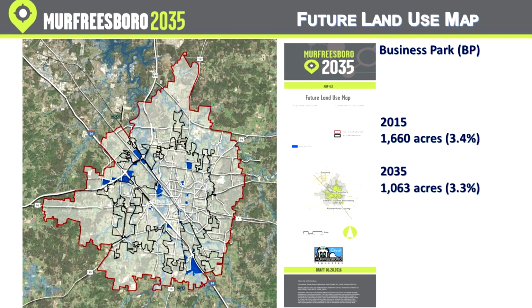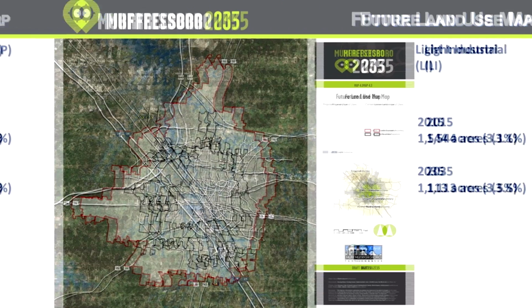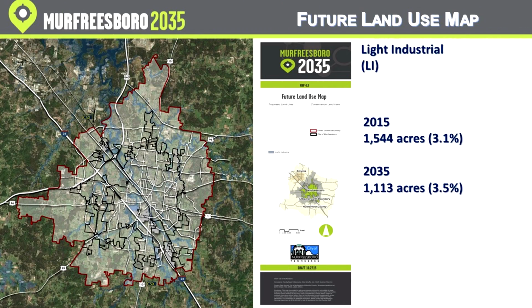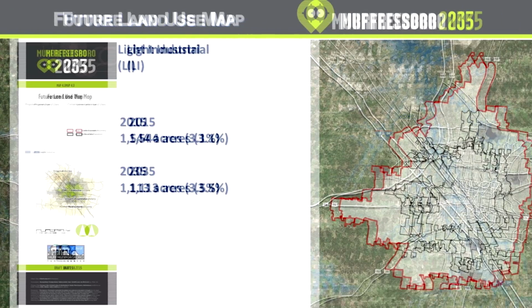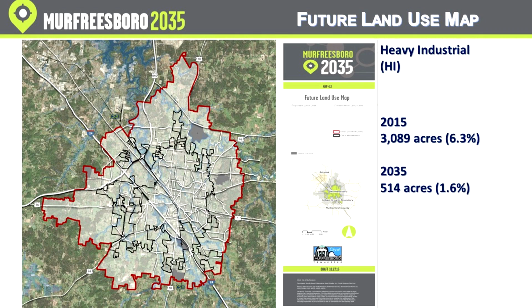But right now, base year, we're suggesting that you have currently about 3.4% office park, and we're proposing basically the same amount. Light industrial, and I know this is difficult to see, is mostly down along the Joe B. Jackson area, extending up through downtown. Heavy industrial is mainly your extractive industries.